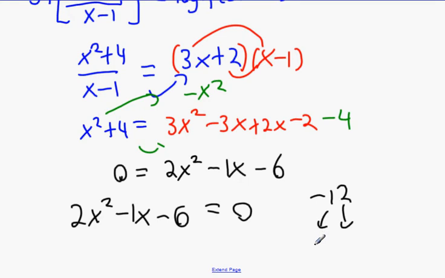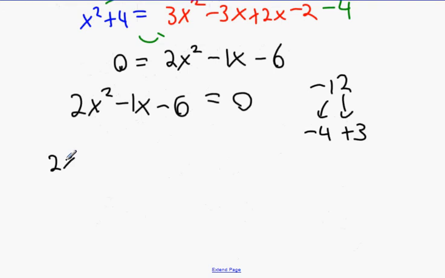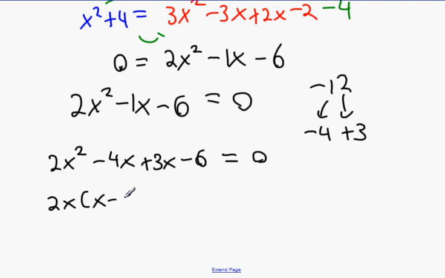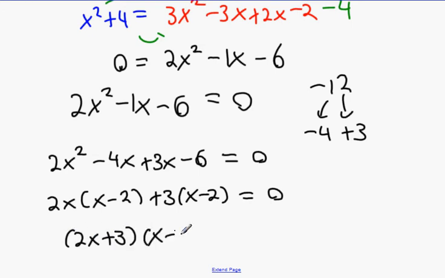Then what we're going to get here is minus 4 plus 3. 2x squared minus x minus 6 equals 0. 2x bracket x minus 2, yeah, sorry, just 3 into x minus 2 equals 0. Then we get 2x plus 3 bracket x minus 2 equals 0. x equals 2, or x will equal minus 3 over 2, just by the usual means.